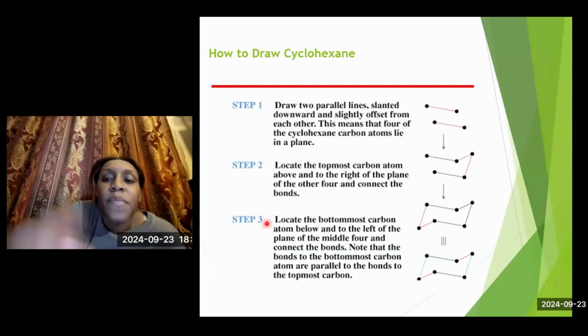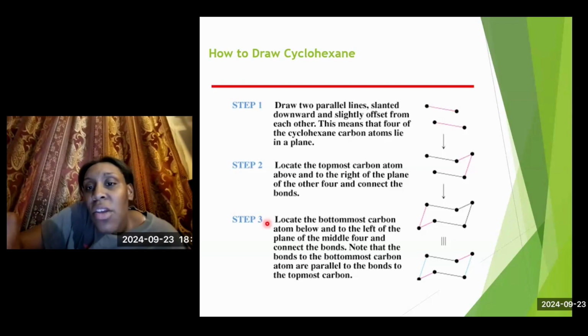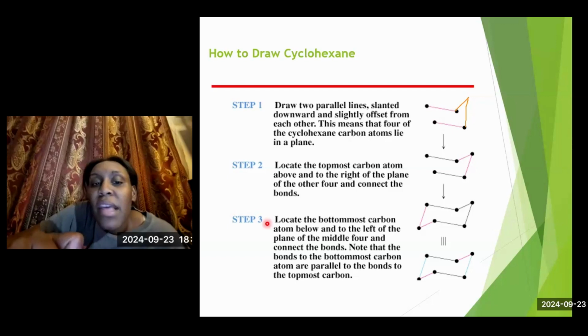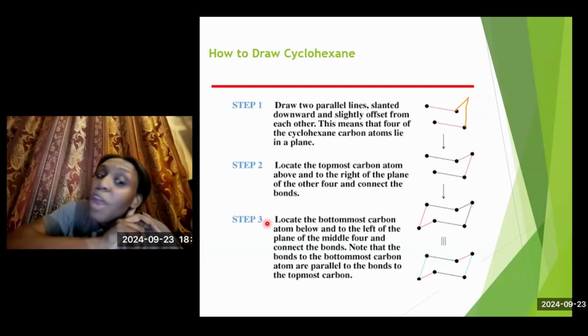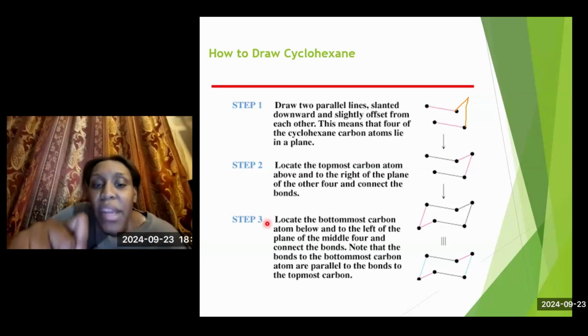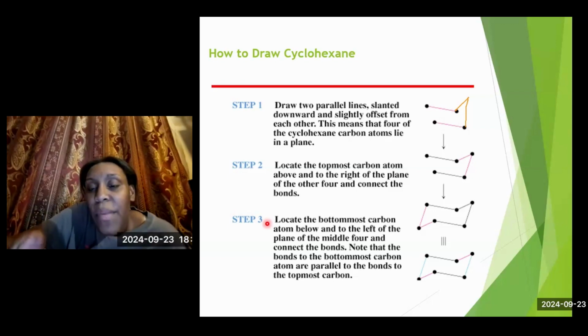All right. And so after you draw those lines, what you're going to do is the line that's shorter, you're going to create the topmost carbon atom above and to the right of the plane of the 4 hydrogens. So you're going to create kind of like this, not really a triangle, but this angle going up and down here. And then you're going to do the same thing here.